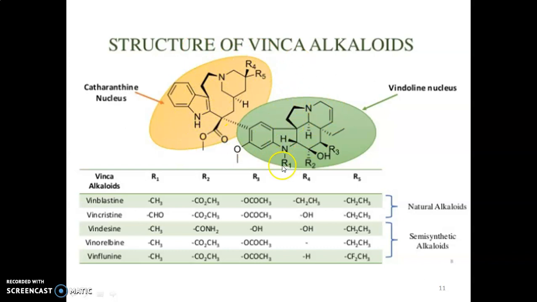So these are the R1 group, R2 group, R3 group, R4 group and R5 group. The R4 and R5 groups are in the catharanthine nucleus, whereas R1, R2, R3 are in the vindoline nucleus. When you replace these particular groups at the R1 to R5 positions, you will get vinblastine, vincristine, vindesine, vinorelbine and vinflunine.